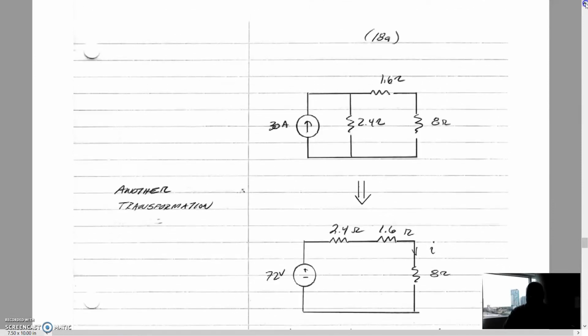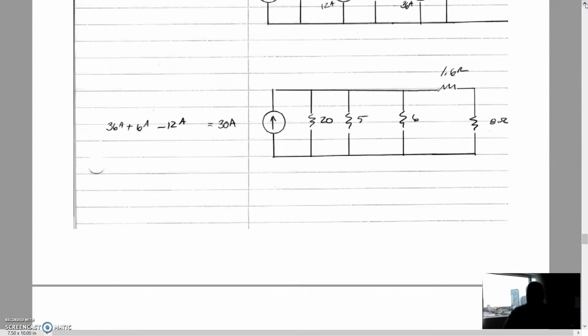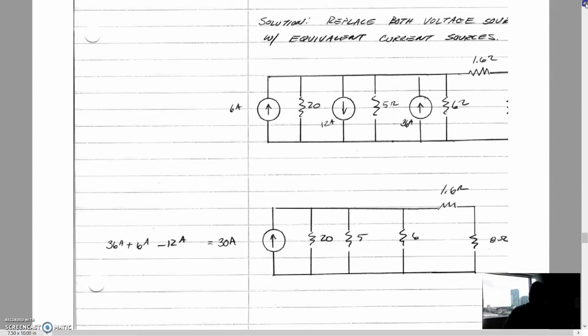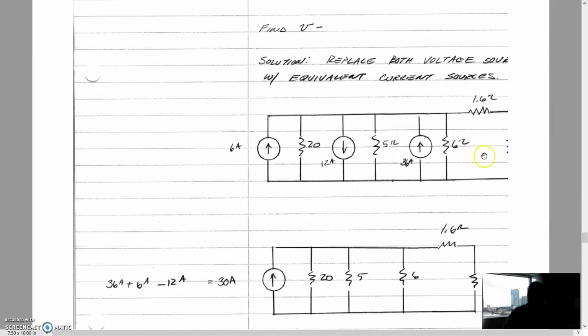So in addition to the technique that I talked about of making sure that the voltage supply is in series with the resistor and the current supply is in parallel with the resistor, in addition to double and triple checking that that's actually the case, the main thing to know with source transformations is if we're trying to find the voltage across a resistor, we always want to start doing our source transformations as far away from that as we can. We want to go all the way to the other end of the circuit, whichever way the circuit's oriented, and start doing transformations there.